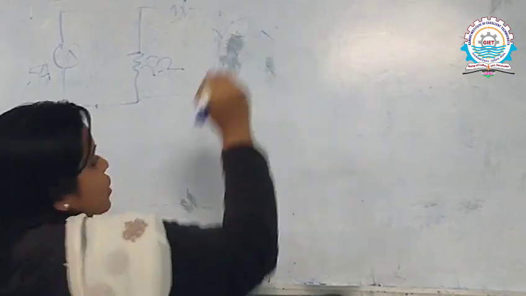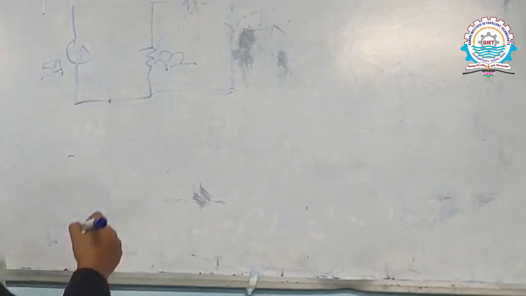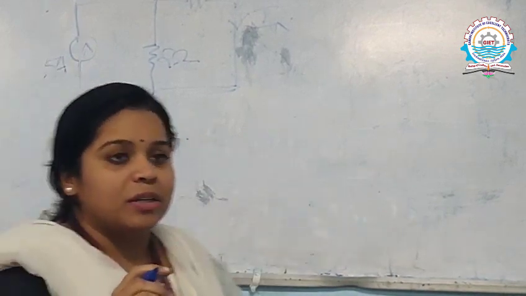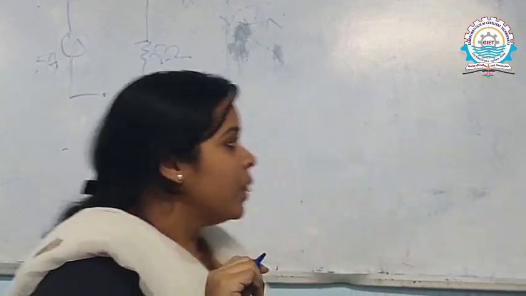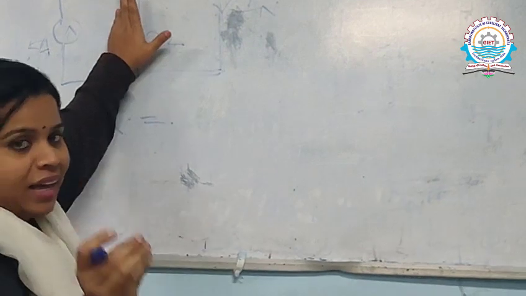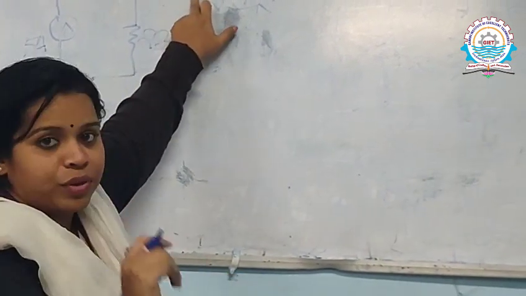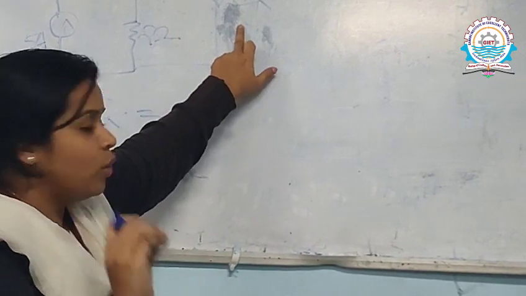What is the IN current? That is your Norton's current. So how will we find the Norton's current? It is simple. Here we have to go for the current division rule, because we already have the main current I, we have the resistance 2 over here, and we have another resistance 4 over here. So it's very simple to find out the Norton's current.